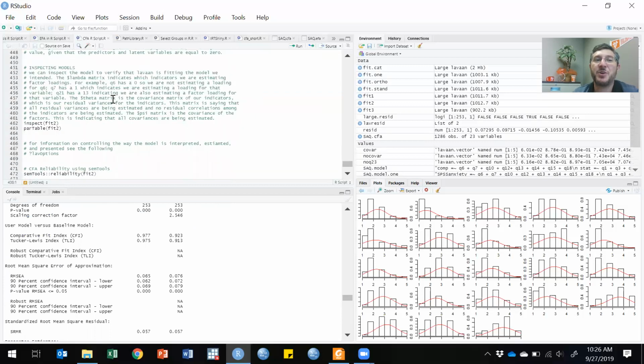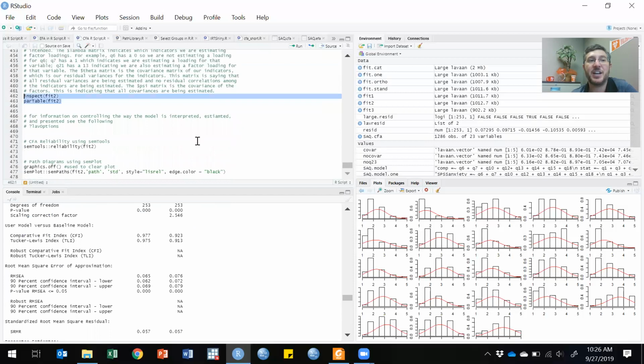Here's some information if you want to inspect your models. You can read through here and see more information about different options in lavaan. You can run this command. We've already looked at the reliability and the average variance explained.